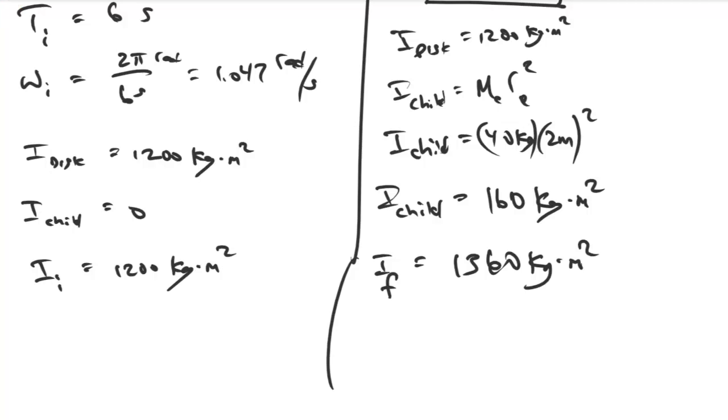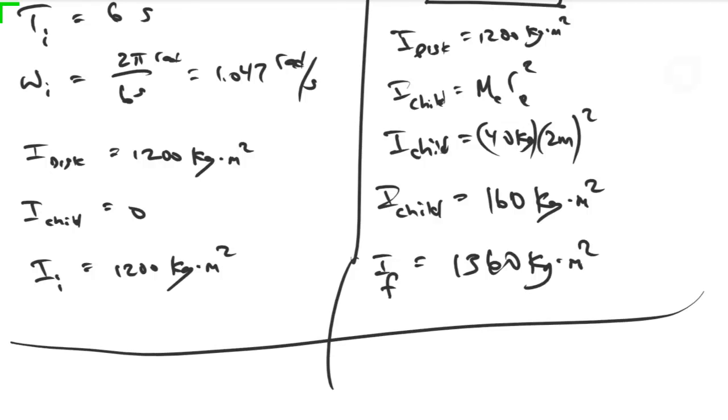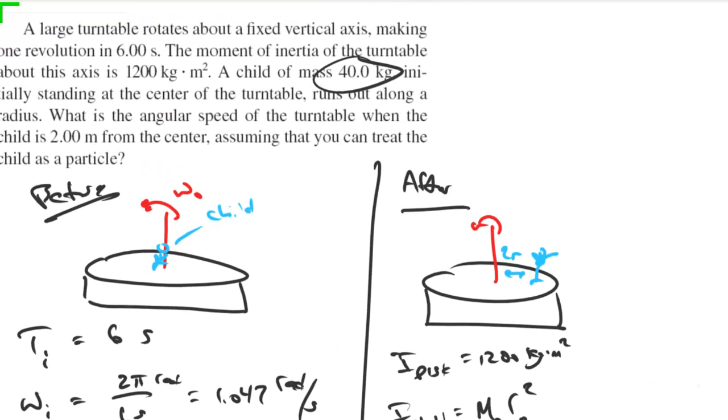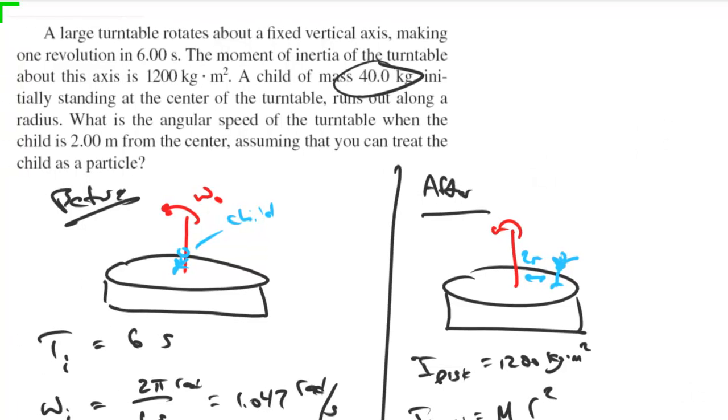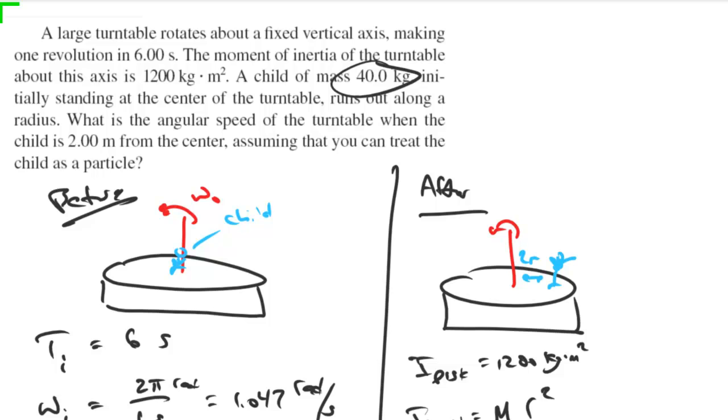So the mass distribution changed, but we can say, as long as there's no net external torque acting on it, so we don't have any friction, we don't have anybody pushing on or anything like that. Actually, we have to make sure, the exercise says here that the child runs out along a radius, so they actually have to run out a radial line.